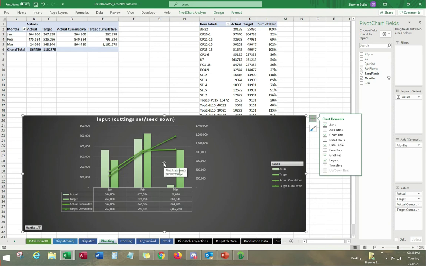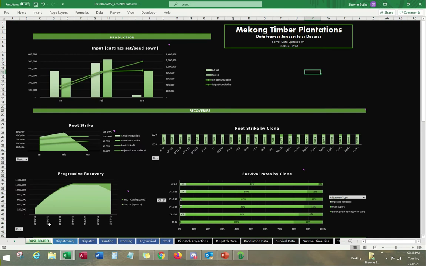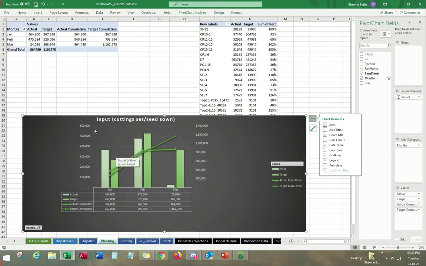You could add these to your dashboard very easily and very quickly. I'm going to run through these quite quickly, just to give you an idea of how we've put it together. In planting, I decided to give a month-to-month comparative figure, as well as a cumulative figure, so that we can have a look at how it's going.